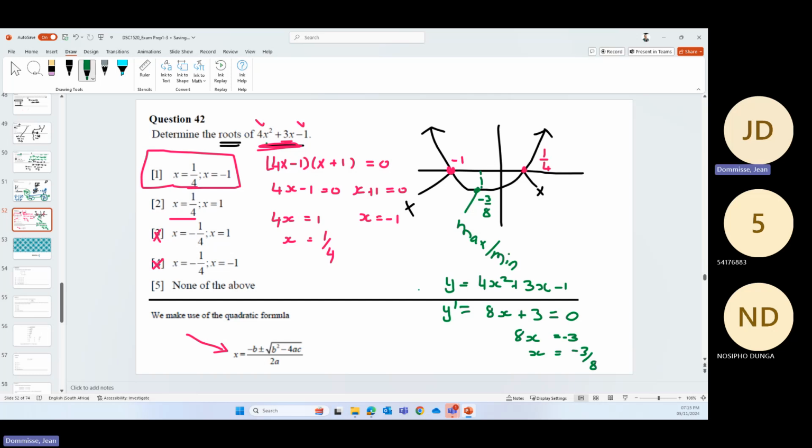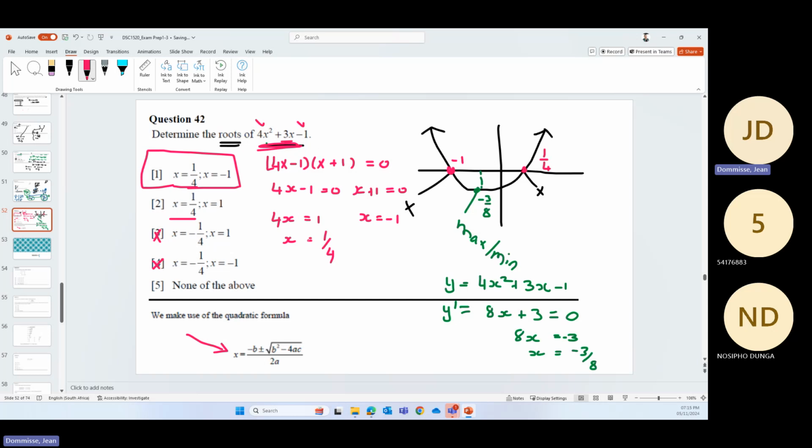So that is just showing the difference between if they ask us to work out the roots versus if they ask us to work out the maximum or minimum value. For maximum or minimum value, we need to differentiate.